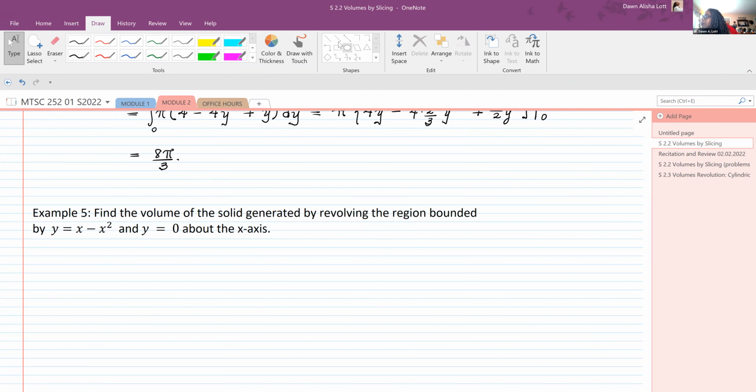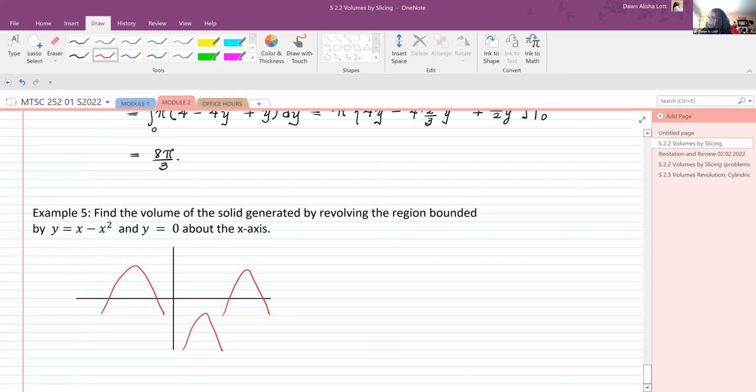Awesome. Okay, so now how do I draw this parabola that's facing down? Do I know anything about it? Does it look like this? Does it look like this? How do I know? What do I know about this parabola? Doesn't it start from 0?